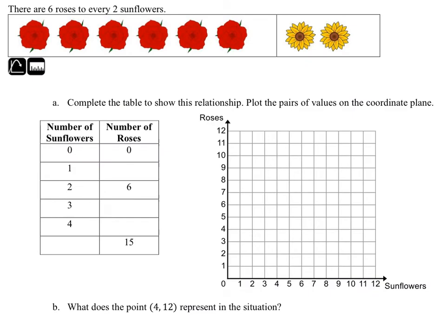So on this one, we could even start with this table, and we've already seen that each of these should be ordered pairs, which means these are my x values, and then these are my y values. So that means I could plot that point right off the bat.